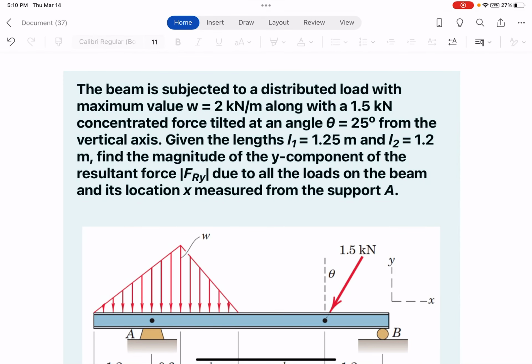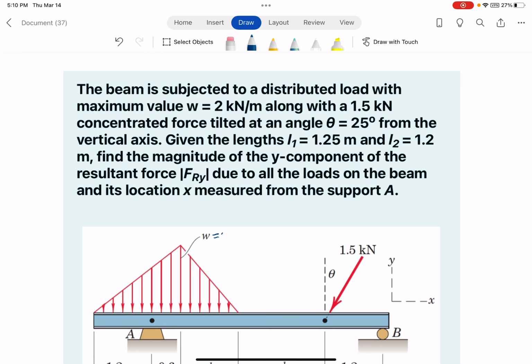The beam is subjected to a distributed load with a maximum value of 2 kilonewton per meter. So the w here is 2 kilonewton per meter, along with the 1.5 kilonewton. So there is a point load with an angle here.